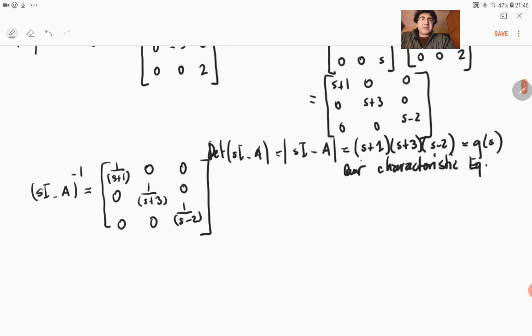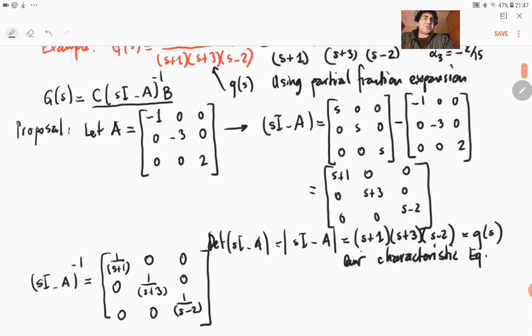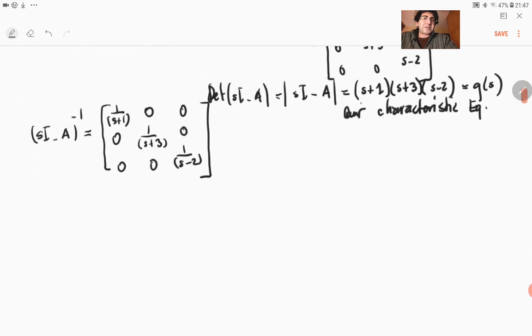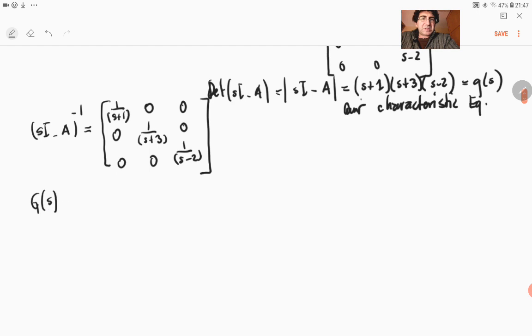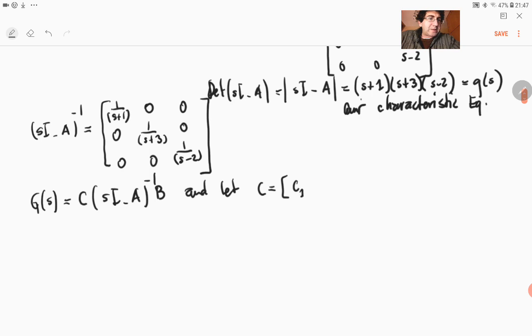Now let us calculate what G of s would be as per the equation we previously wrote: G of s equals C times (sI minus A) inverse times B. Let the C matrix be composed of C1, C2, and C3, and the B matrix be B1, B2, and B3.